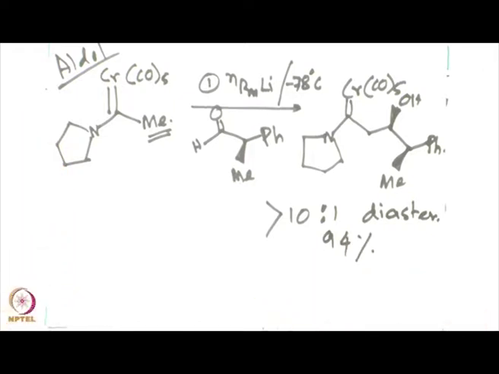Okay. Now, I think with that we would like to close on this reactivity pattern of the Fischer carbene. As you have seen, this is quite interesting. Any example that you know with the aldol reaction, you can definitely think about the Fischer carbene. These are much more acidic, the methyl group or the partner that is associated with the Fischer carbene is much more acidic.